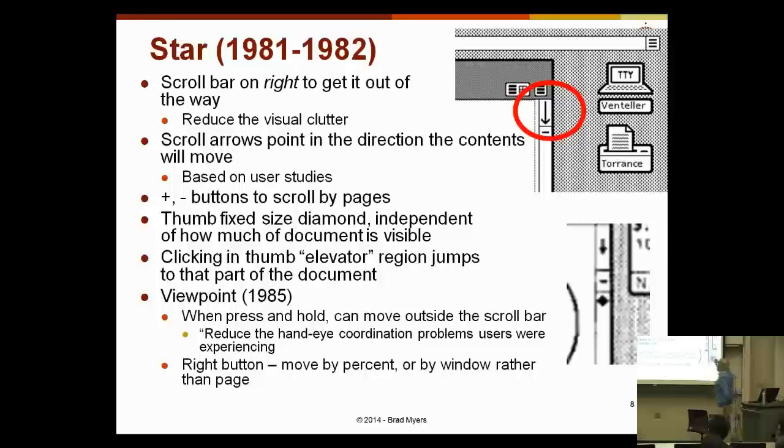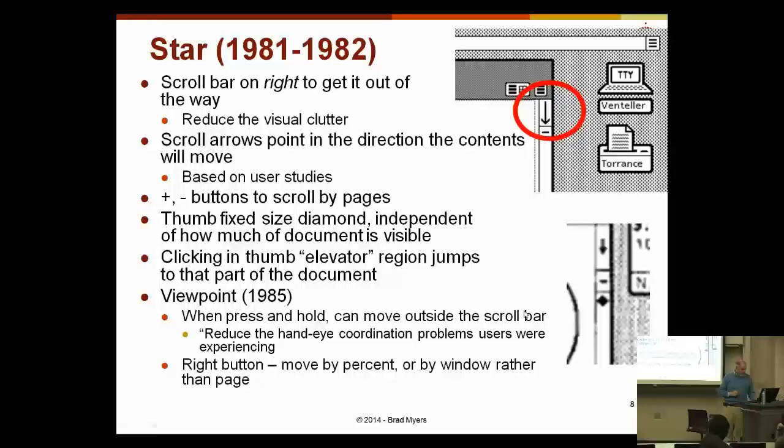And the scroll indicator, the thumb, is a fixed diamond, so it was a fixed size and doesn't show you what percent of the document you're seeing. Anywhere you clicked in the background would jump the cursor to that point, which is kind of useful. And you could click somewhere and drag around if you wanted to try different places.